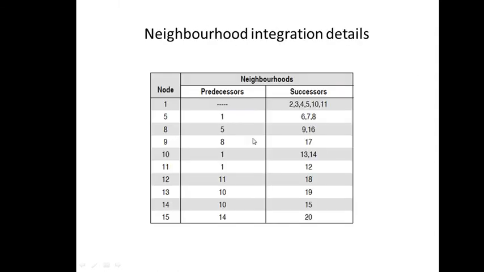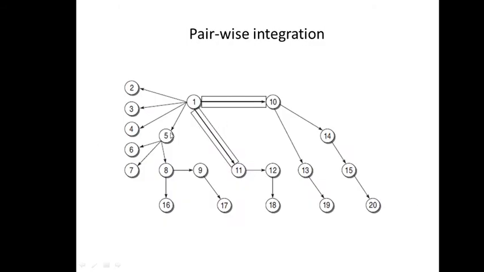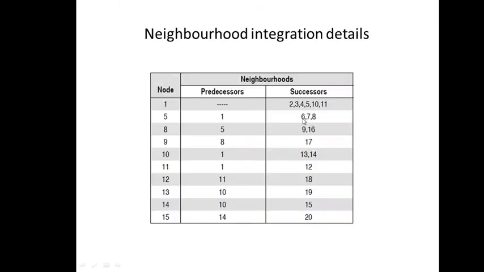This is how we prepare this table. For the fifth node, fifth is getting invoked by 1, so this is a predecessor, while successors are 6, 7, 8, the directly linked ones, right? So this is how we prepare this neighborhood table.